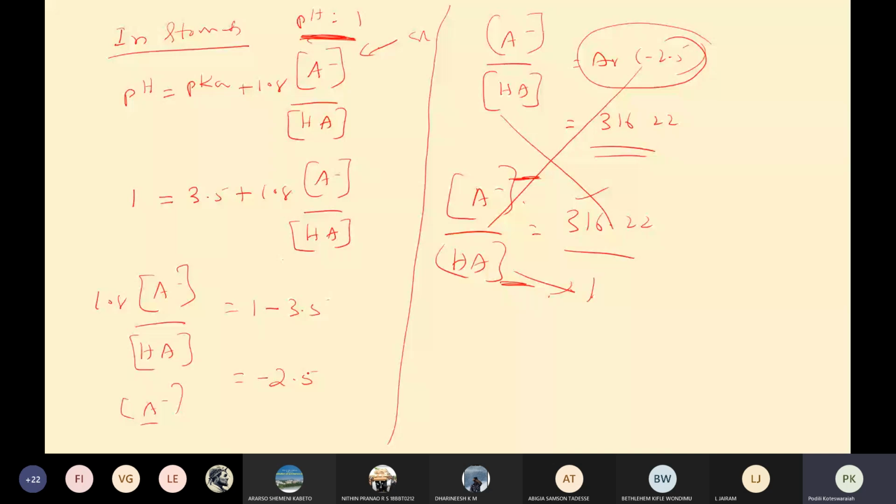So the concentration of acid by salt... I think the antilog value is not correct. I will just check it in the calculator and let you know in tomorrow's class.